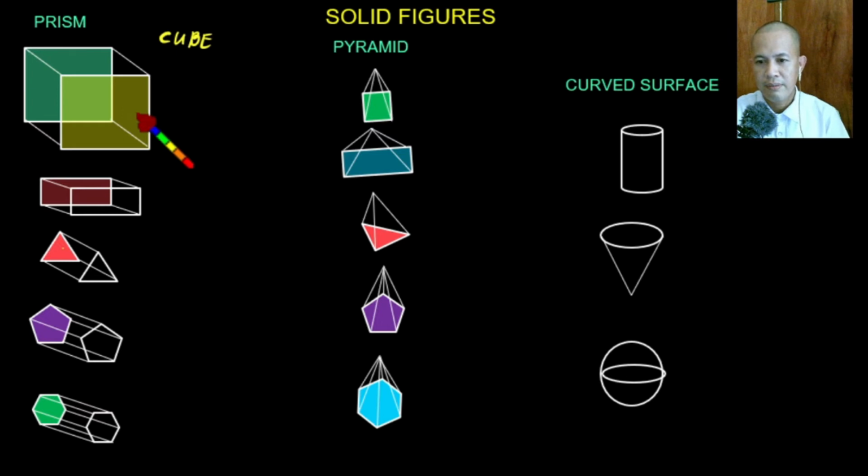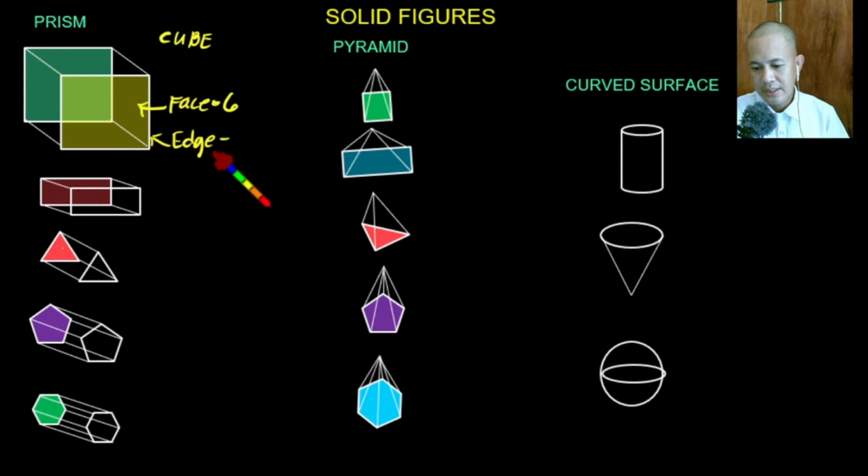So the flat surface on a solid figure is called your face. So a cube has 6 faces, and we have also the number of line segments. We call that the edge.